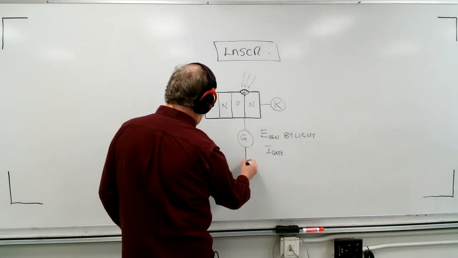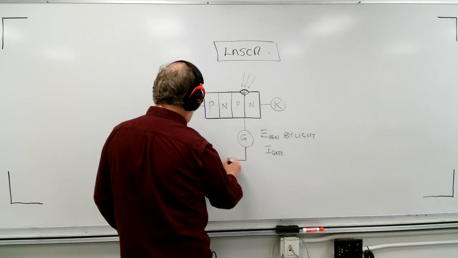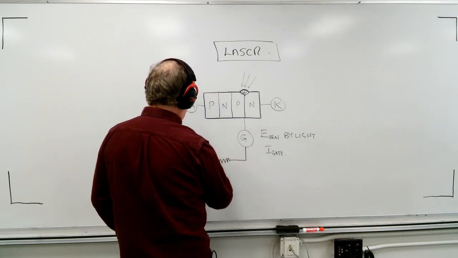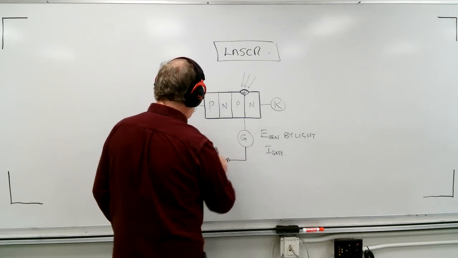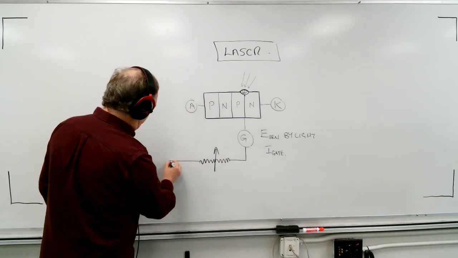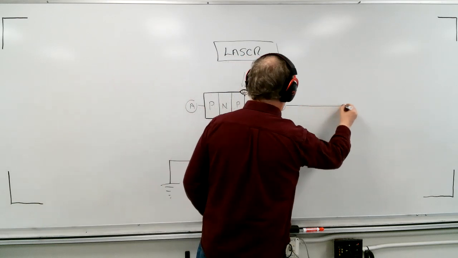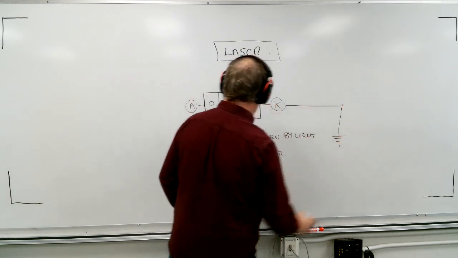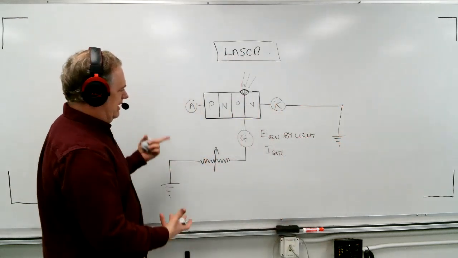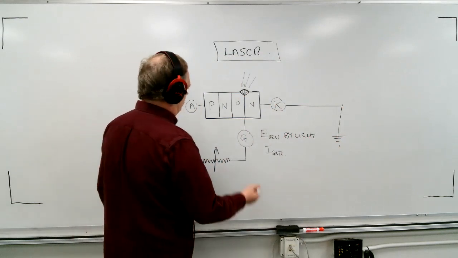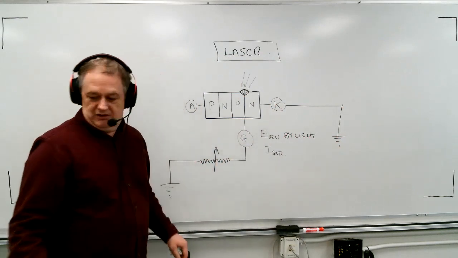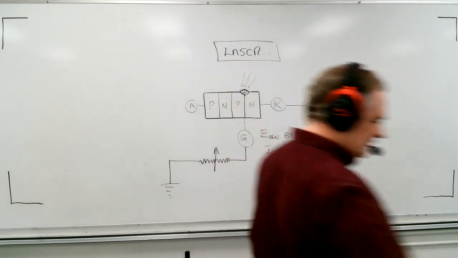Typically what they do is they put in here a resistor. And then they take this and they ground it. Now remember that at some point over here, this should also be grounded, okay, in terms of your circuit. So we go, okay, now what's that gonna do? So let me walk you through this and you're gonna see, it should make sense as to what's going on.